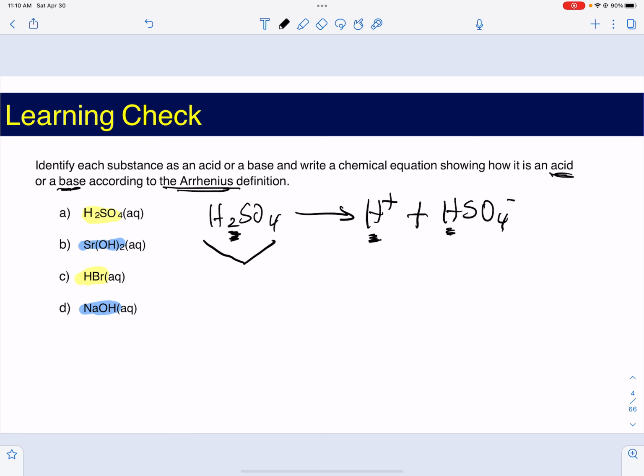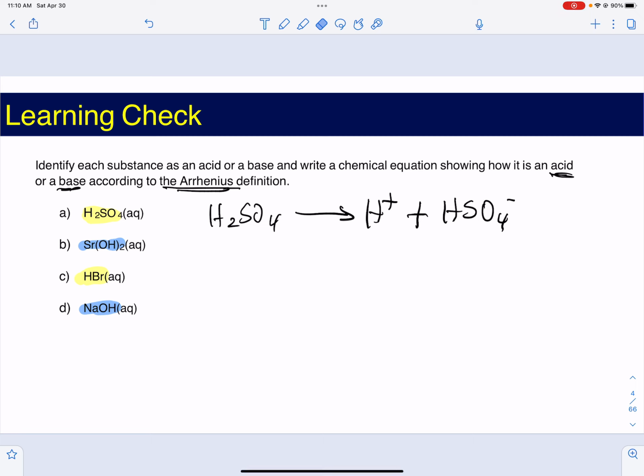Notice that this is neutral. So if I lose a positive, this better be negative, right? Because neutral is positive plus negative. It becomes 0. So that's how we will say that sulfuric acid, and you learned how to name the acids in the initial chapters of this course, will behave like an Arrhenius acid just that way.